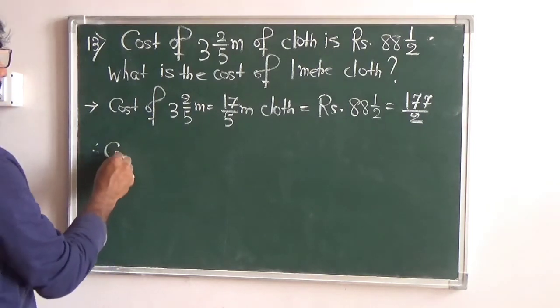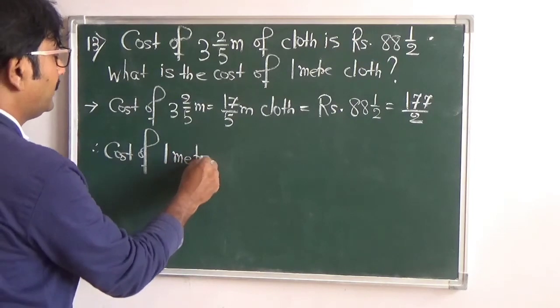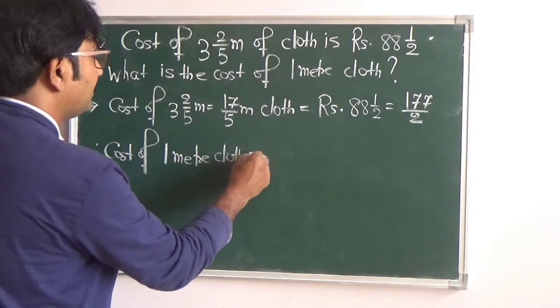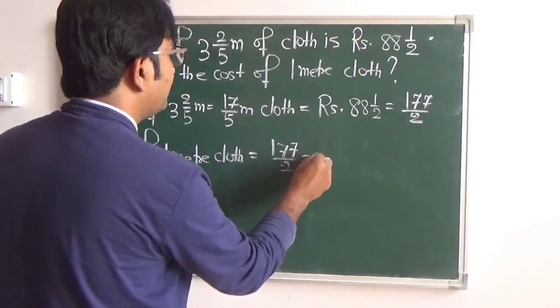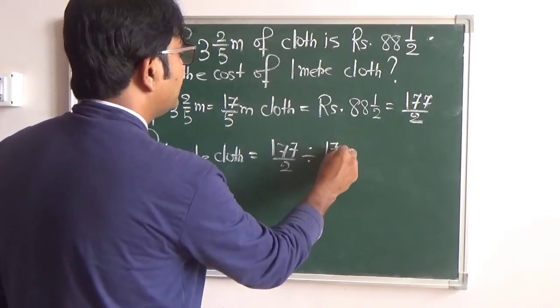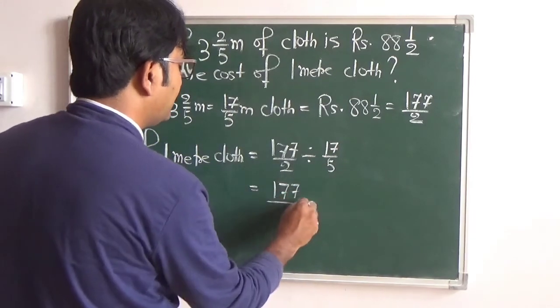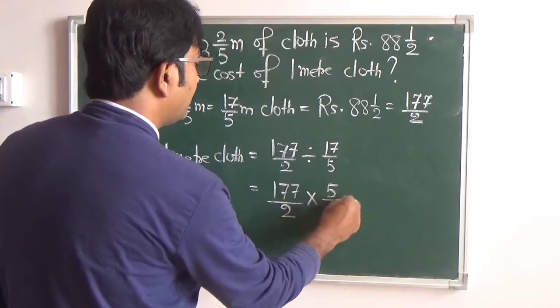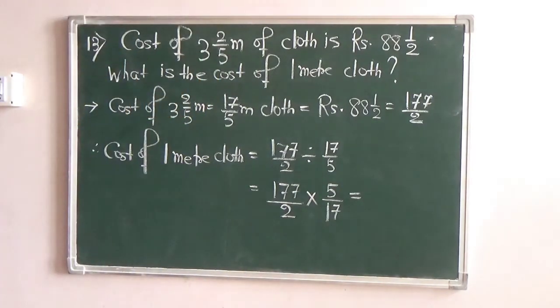So therefore the cost of 1 meter cloth is equal to 177/2 divided by 17/5. So you write 177/2 into 5/17. I don't think anything will be reduced, so you have to multiply the numerators as well as the denominators. 177 into 5, 17.